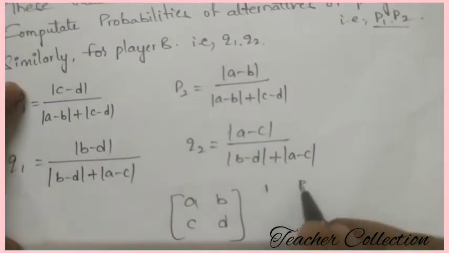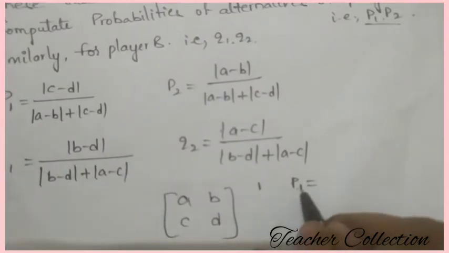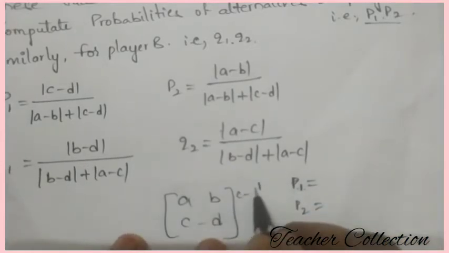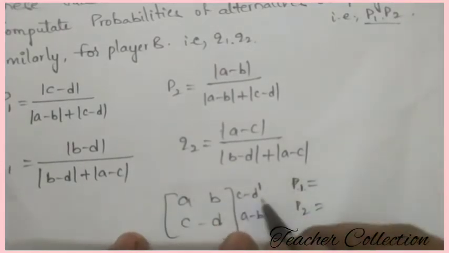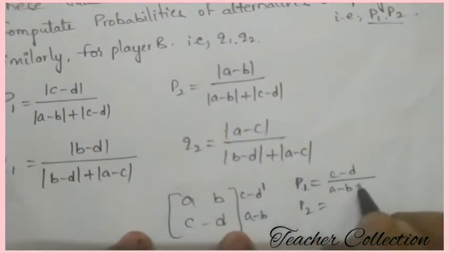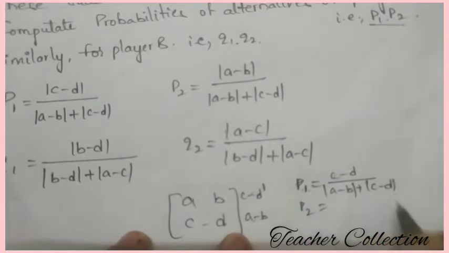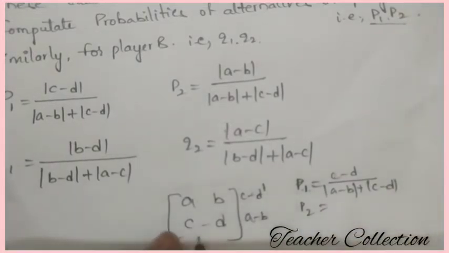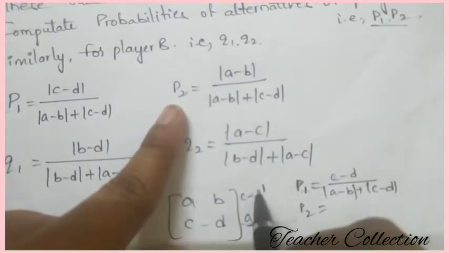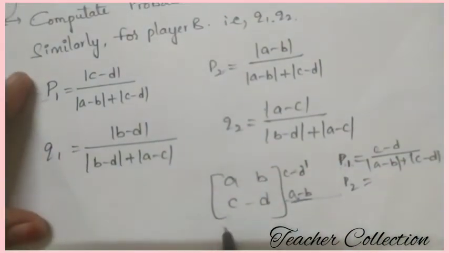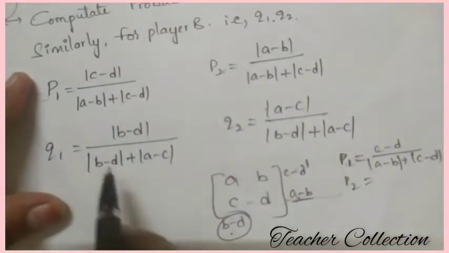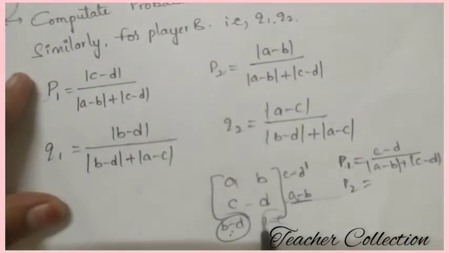To find the probabilities P1, P2, here we write C minus D and here A minus B. So P1 is equal to the absolute value of C minus D divided by the absolute value of A minus B plus the absolute value of C minus D. And for P2, it is A minus B divided by A minus B plus C minus D. Likewise for Q1, Q2: we write B minus D as an oddment, so Q1 is B minus D divided by B minus D plus A minus C.